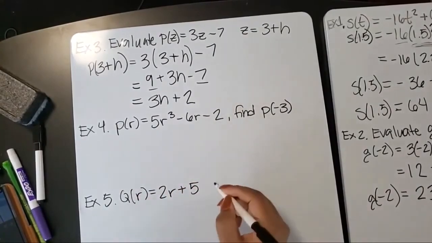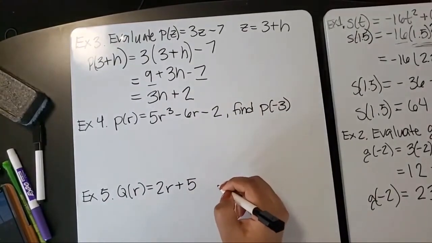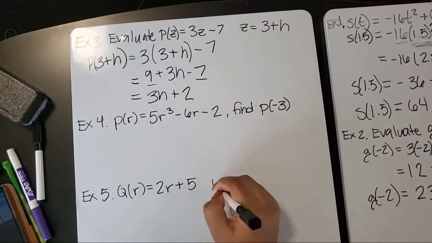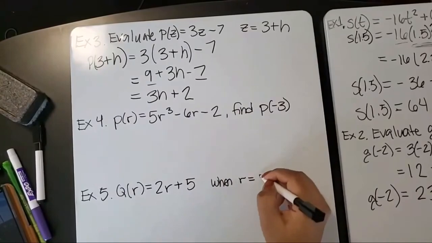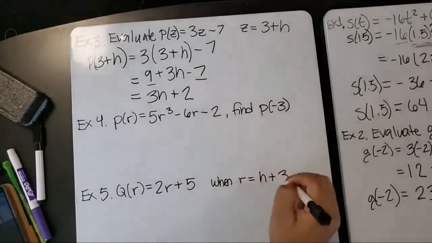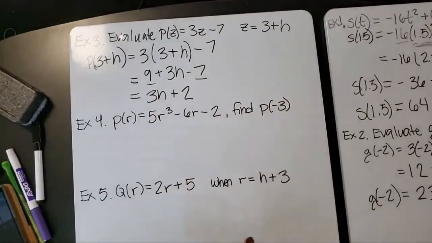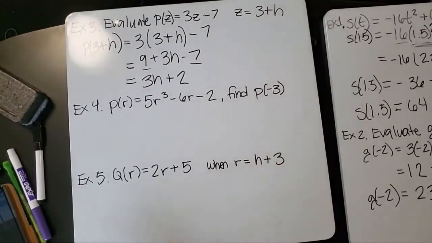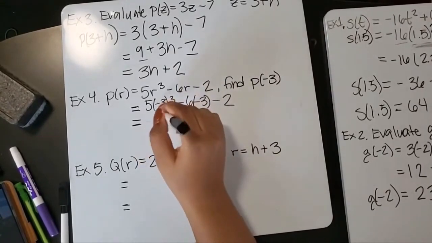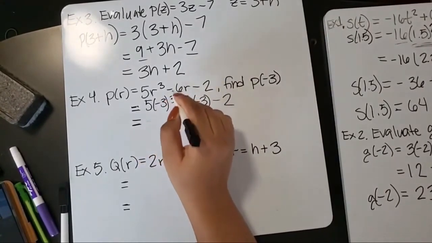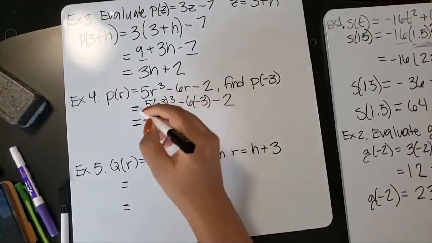All right, for example 5, we've got Q of R equals 2R plus 5 when R equals H plus 3. So these are the two we're about to work on now. All right. So -3 cubed is -27 times 5.